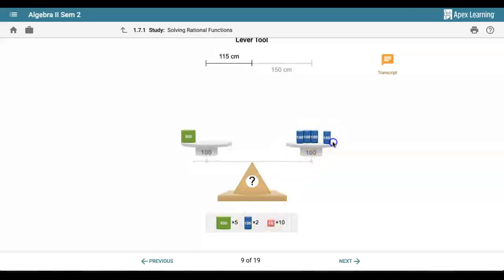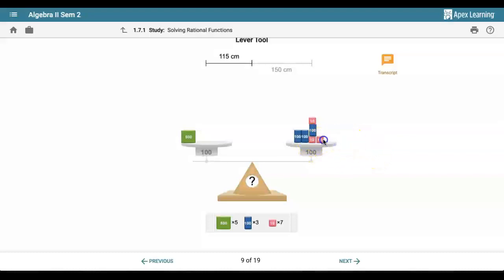Oh, 400's too much. Getting closer. Okay, so I didn't need quite even 400. I think I have 360. So as I moved my distance further out, I needed less weight.